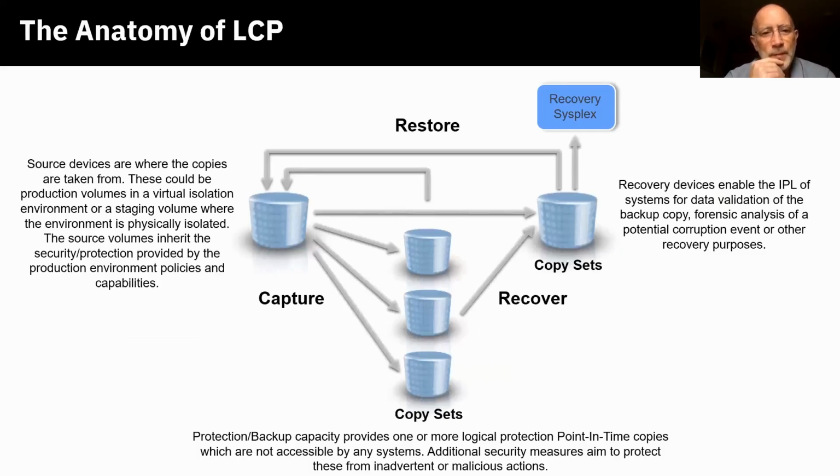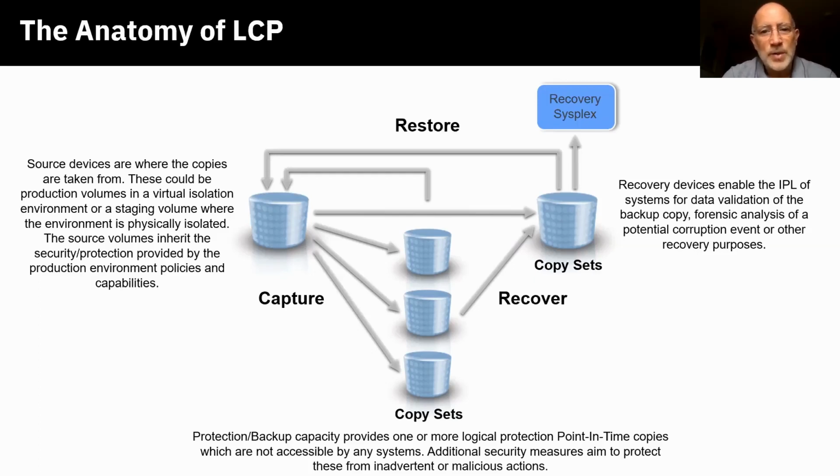In terms of the building blocks or the anatomy of LCP, if we look at this picture, we can see on the left-hand side our production data, and we can take captures of that production data.